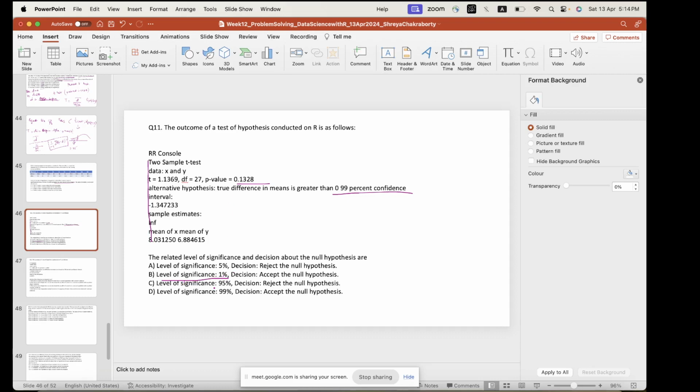So here it is 1% level of significance, which means 0.01 is your cutoff value. So p-value, is it less than 0.01? No, it is not. Hence, accept the null hypothesis.